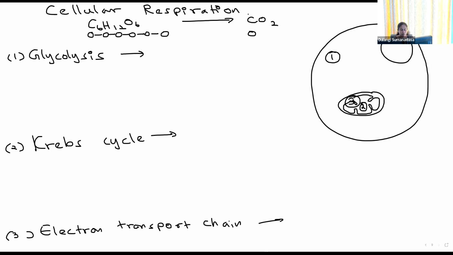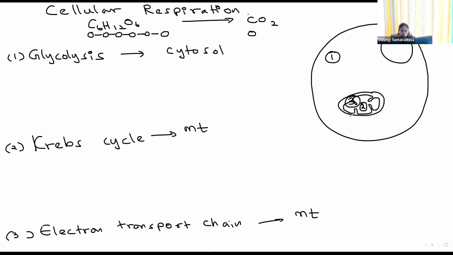So you have to add the mitochondria, right? If it is part of the mitochondria, you have to have the mitochondria written. So the glycolysis is in the cytosol, not inside the mitochondrion yet, right? So the first breakdown is out of the mitochondrion. But the Krebs cycle and electron transport chain are going to be inside the mitochondrion.